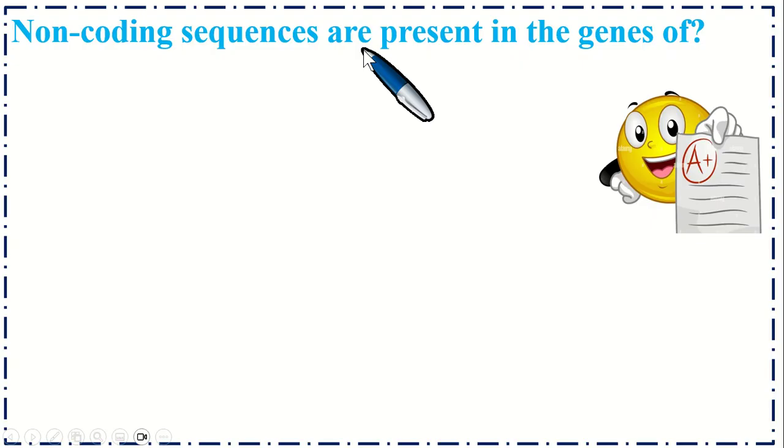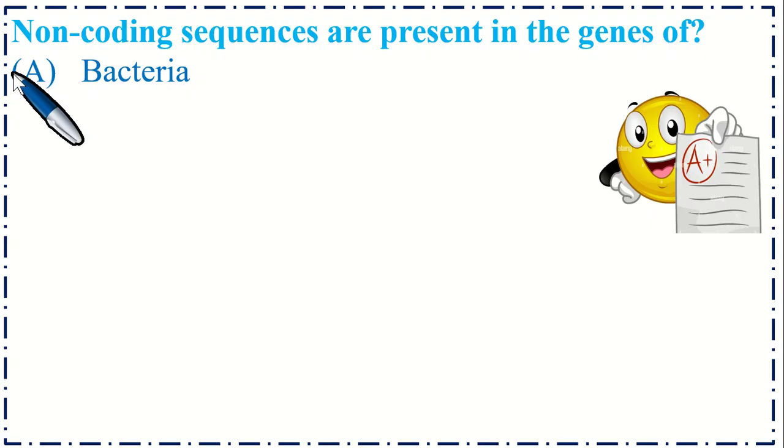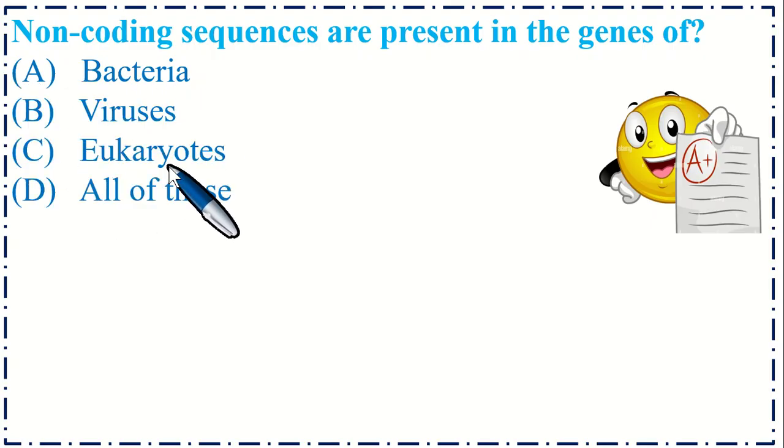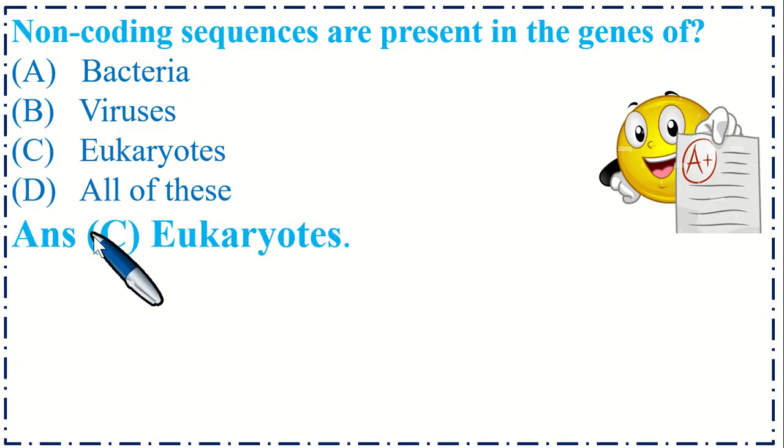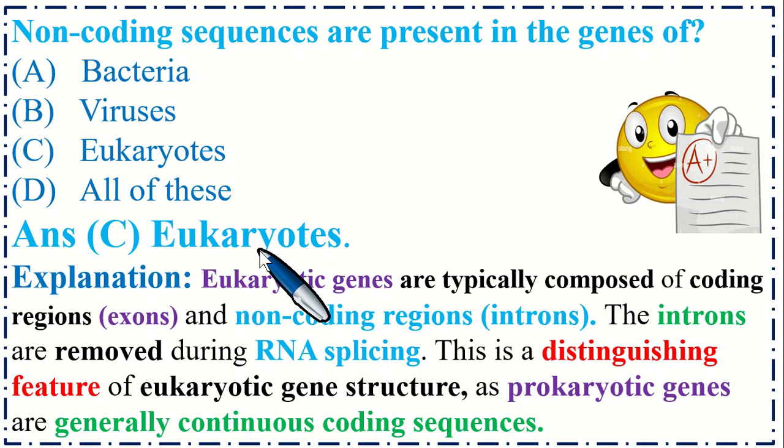Non-coding sequences are present in the gene of option A, bacteria, B, viruses, C, eukaryotes, and option D, all of these. So the correct option is C, eukaryotes.